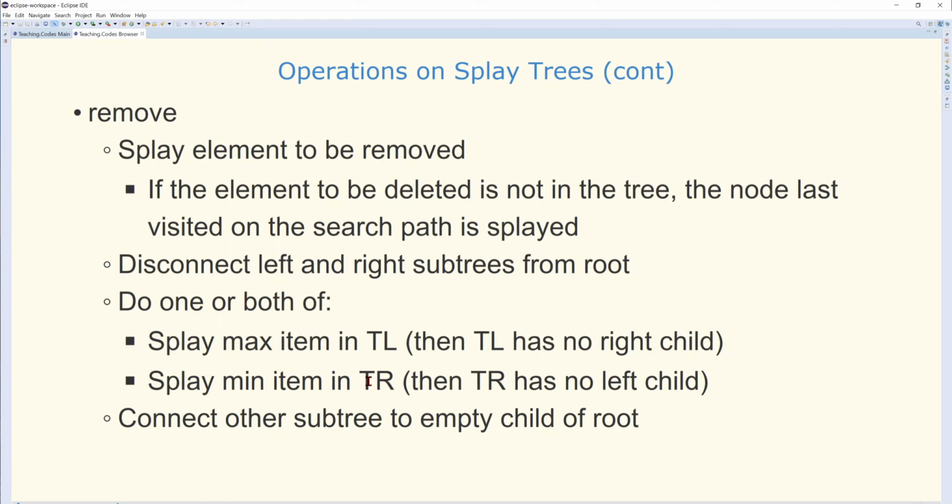In the other one, you found the minimum element, the smallest one, so everything would have been larger, therefore it wouldn't have any left node. Now those could be easily merged together. So you connect them, depending on which one you're connecting to the other. One would have an empty child and it would be attached there.